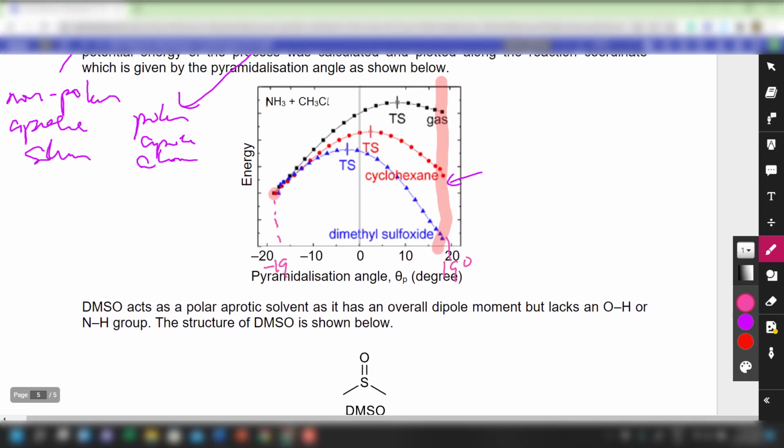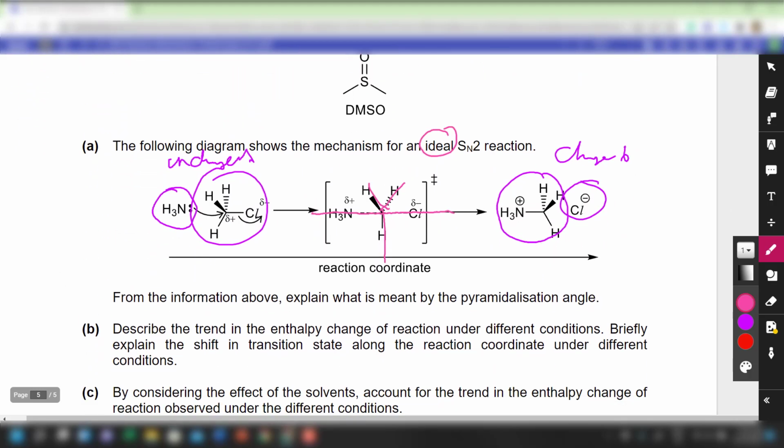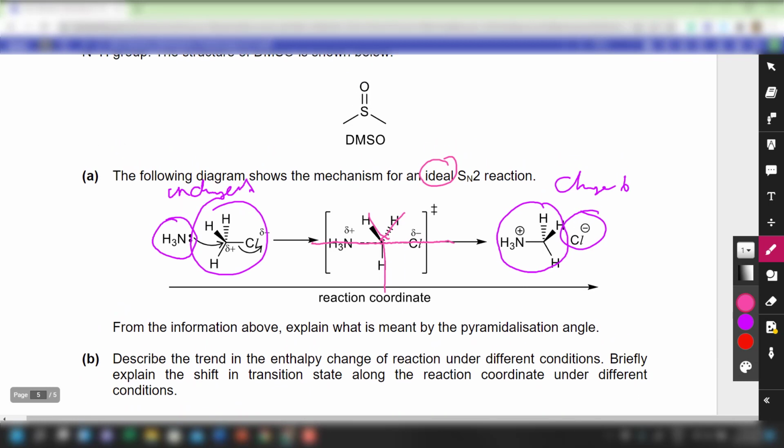You notice that over here we have 0 degrees. So this is the ideal, and then you can see how the TS changes. It goes from an early transition state to, for the rest, a late transition state. From here you can understand that the pyramidalization angle will be reflected by the distortion of the trigonal plane, especially in our case, where we are talking about the CH3.